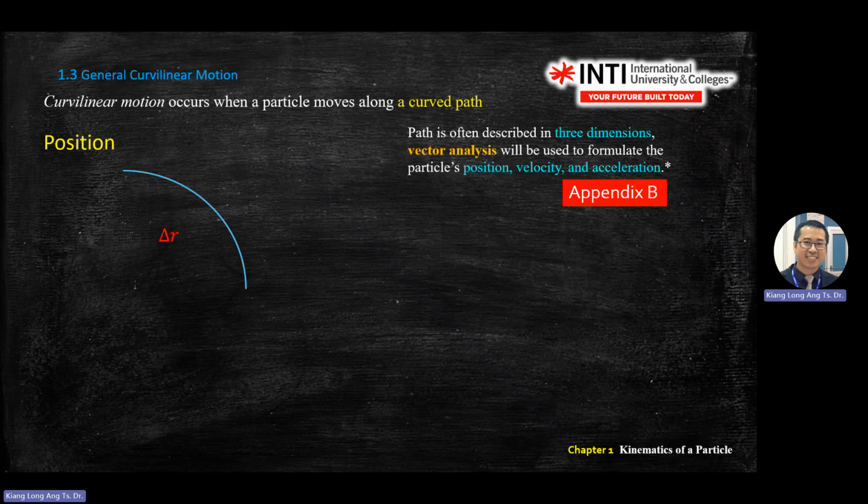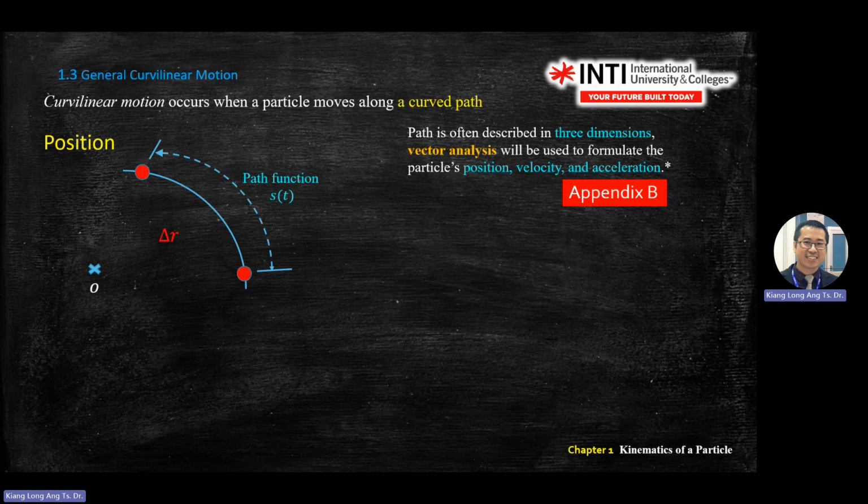So let's say this particle moves in a linear motion. I highlight it with the blue color. We consider a path, meaning where it moves. We have a small dot. It moves from one location to another location on the curved path.